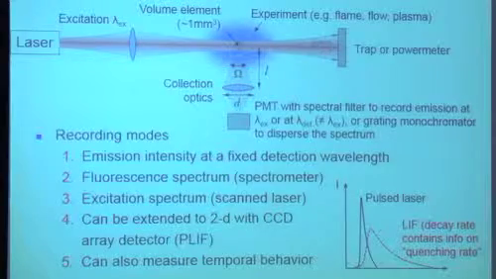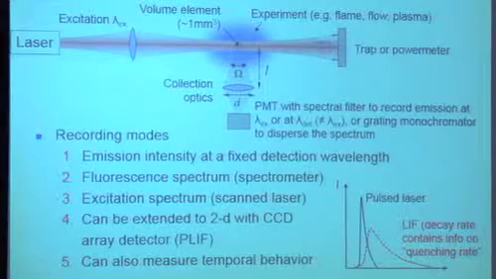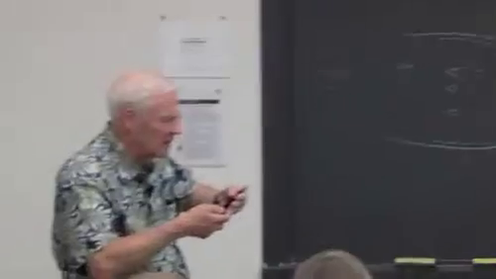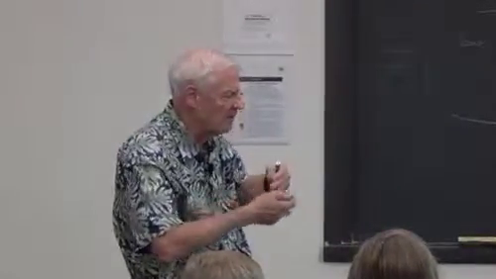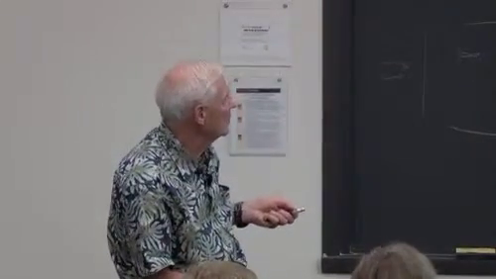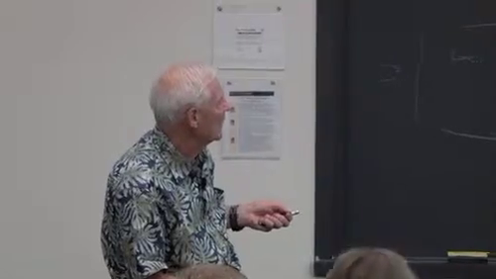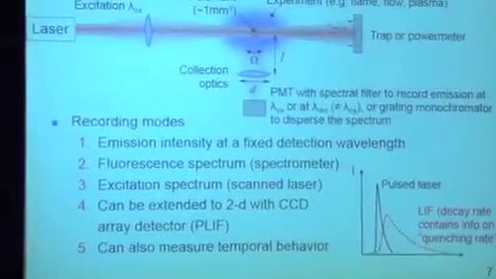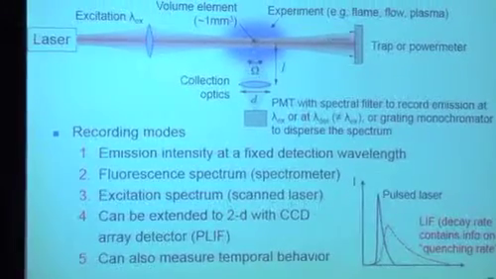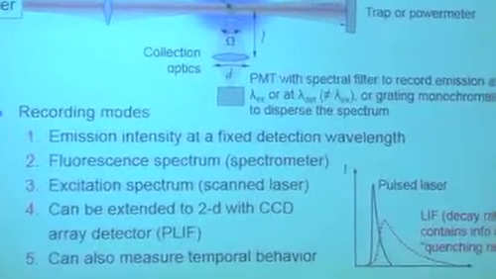You might do that by repeating the experiment and scanning your monochromator, or you might capture that light on a CCD array and a spectrometer. So there are questions about whether you would look at a narrow wavelength that might be different than your excitation wavelength, or whether you want to collect the spectrum of light. You learn different things from different strategies.